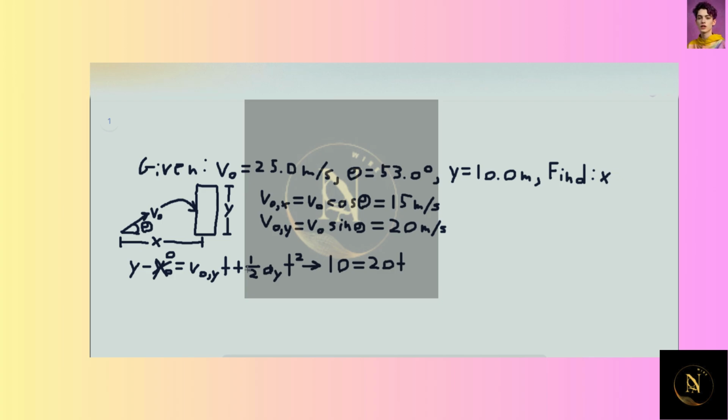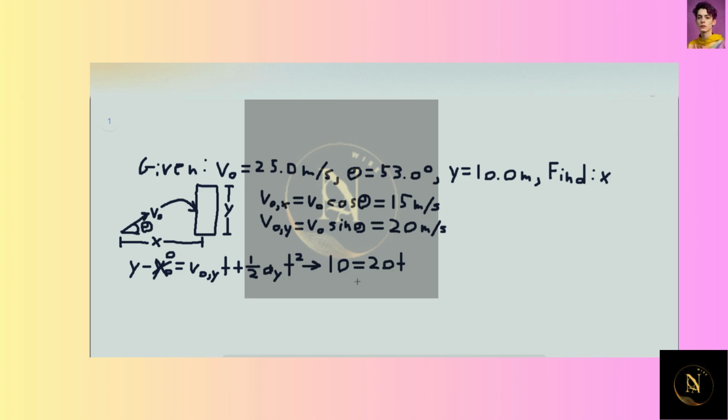And then I have 1/2 times ay t squared here. So ay is going to be the acceleration in the y direction. That's just going to be the acceleration of gravity, because you have gravity acting downward. So ay is going to be negative 9.81 meters per second squared, because that's the acceleration of gravity.